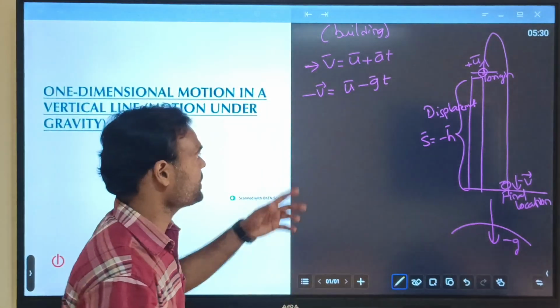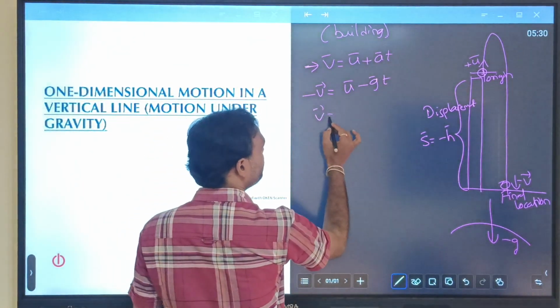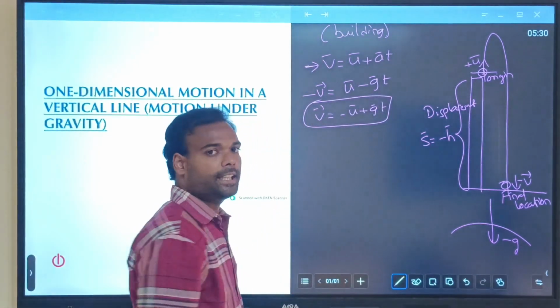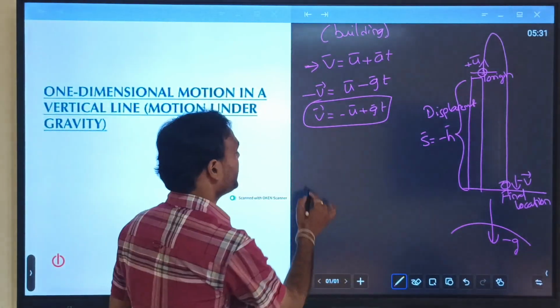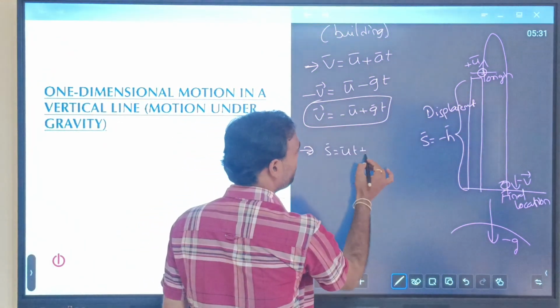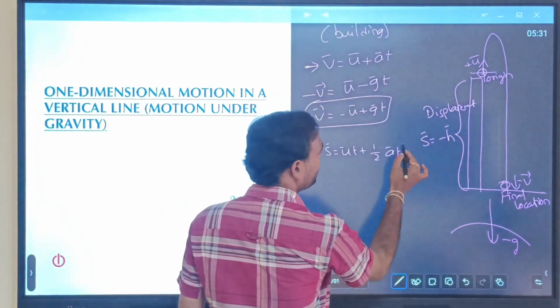This is the representation. So if you want, you can also write it as v equals minus u plus gt, no problem. Clear? First condition.